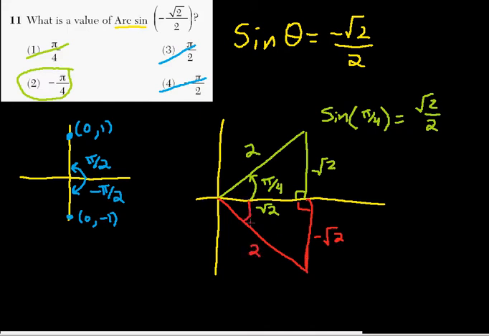And the sine of this angle, which is negative pi over 4, which is negative 45 degrees, is going to be negative square root 2 over 2. So sine of negative pi over 4 is negative square root 2 over 2. So that's the answer.